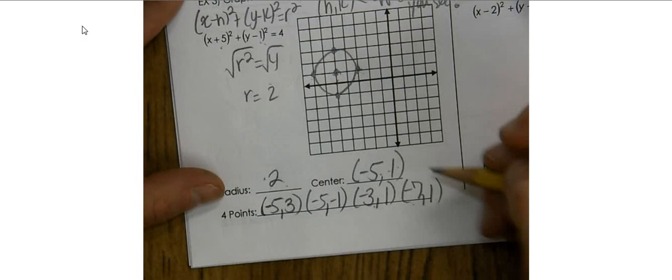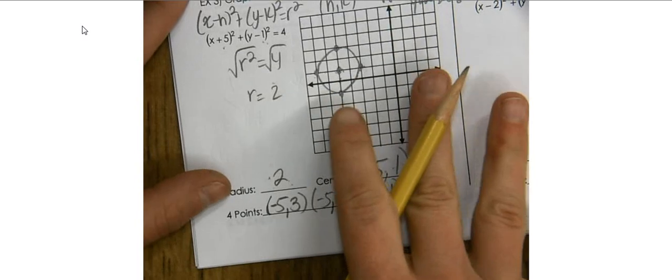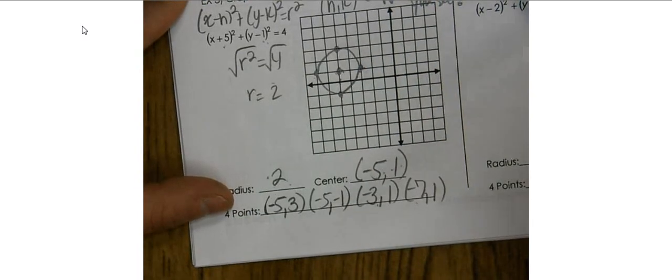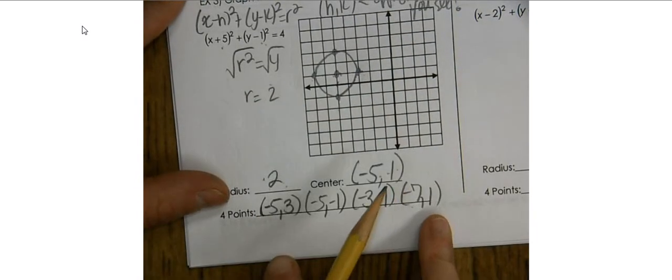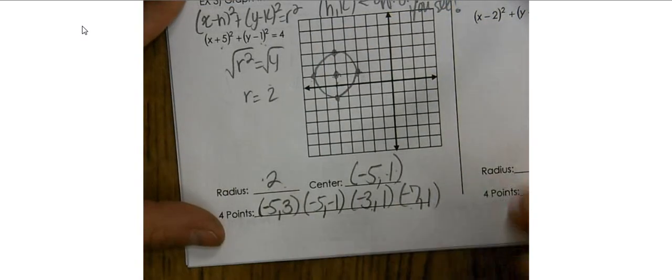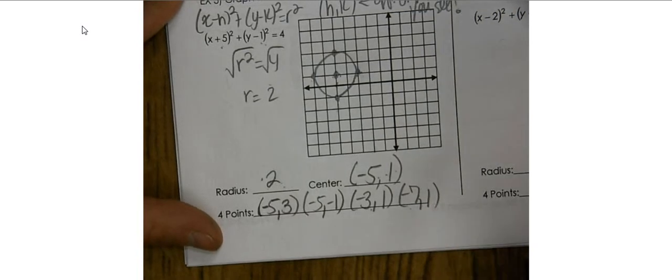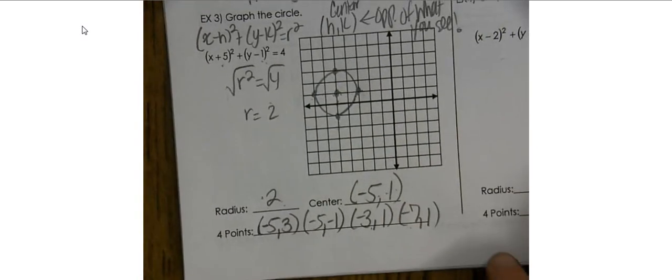So that's my north, south, east, and west. So you can do some adding and subtracting to try to figure out what those values are going to be, and that will certainly get you your ordered pairs as well if you don't really want to count. And knowing that pattern of adding and subtracting 2 to your x's and y's will help you in later types of problems. So I'm just putting that out there.